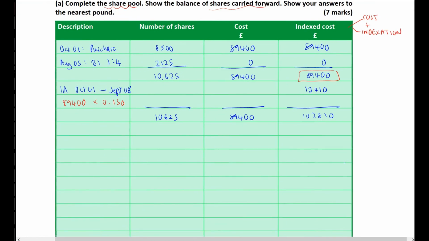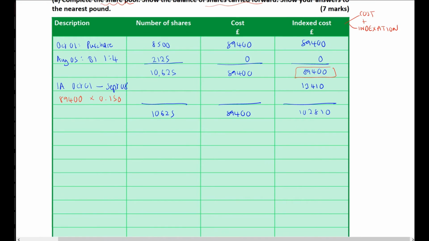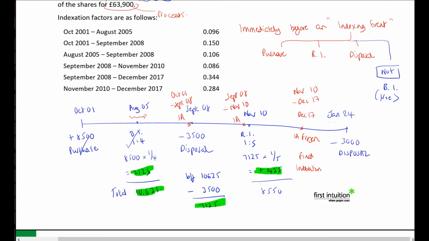So I've now got the balance of shares after the indexation. The pool is completely up to date and it's ready for me to do my next transaction, which was the disposal. That was the whole reason for doing the indexing. It's because I wanted to process a disposal. You can see it there. You've done the indexation, give it a tick.